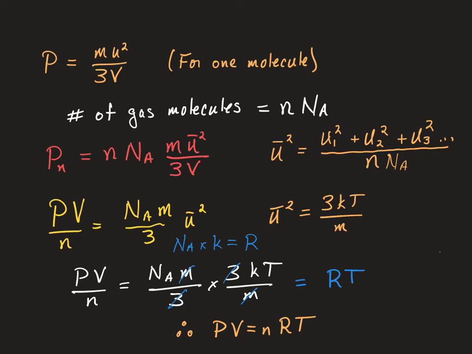If we multiply both sides by n, n and n cancel, we get the ideal gas law, PV equals nRT, which is exactly what we determined experimentally by combining the individual gas laws. So it shows that what we figured out empirically, we can determine theoretically with a few basic assumptions.